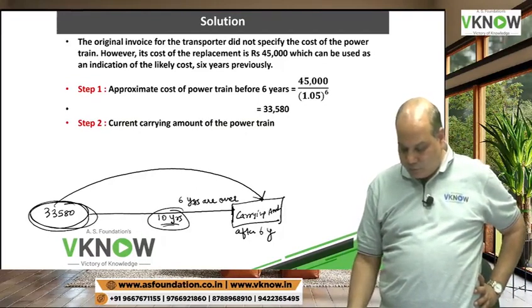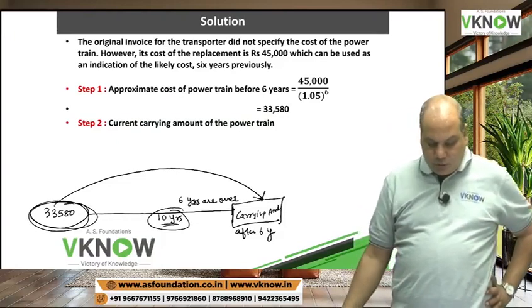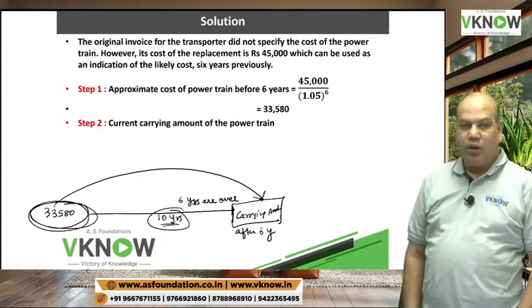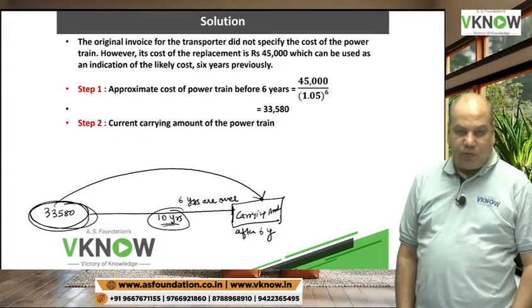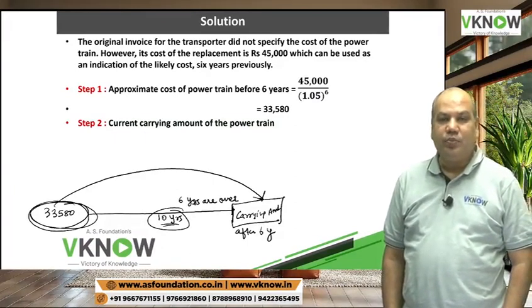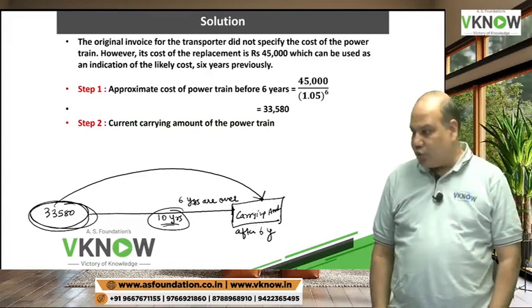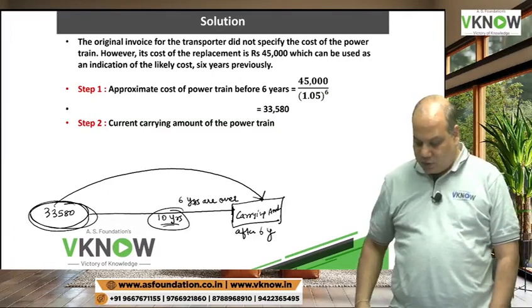Is it right? So write down current carrying amount of the powertrain. Powertrain is that component which is replaced. Some students had given me the answer, I will check.